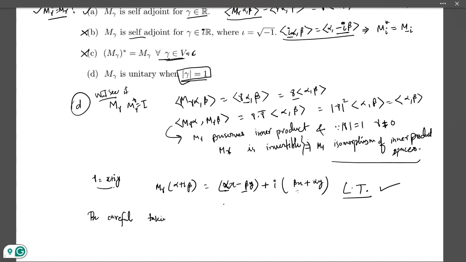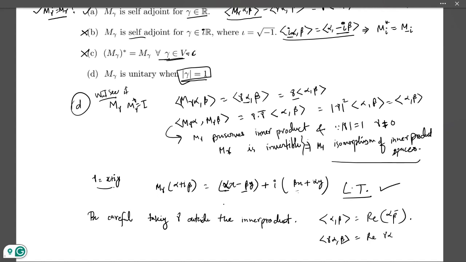Taking gamma outside the inner product, you should look at the structure of this inner product. Okay, real part of alpha beta bar. Now the gamma is here. Let's say gamma alpha beta is equal to real part of gamma alpha beta bar.